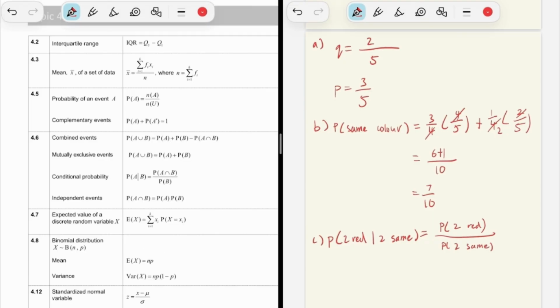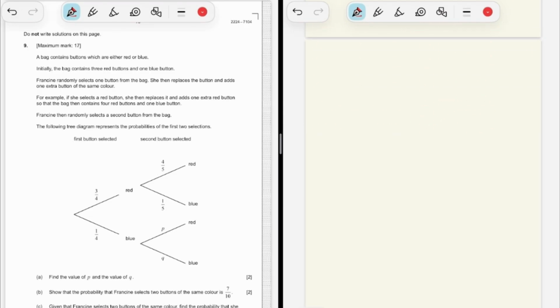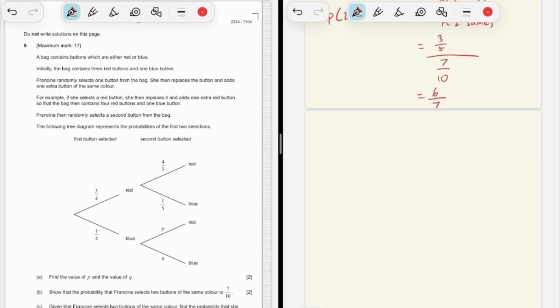And this could be seen through conditional probability. And then subbing in the values, we would get 3/5 divided by 7/10, and that would simplify to 6/7.